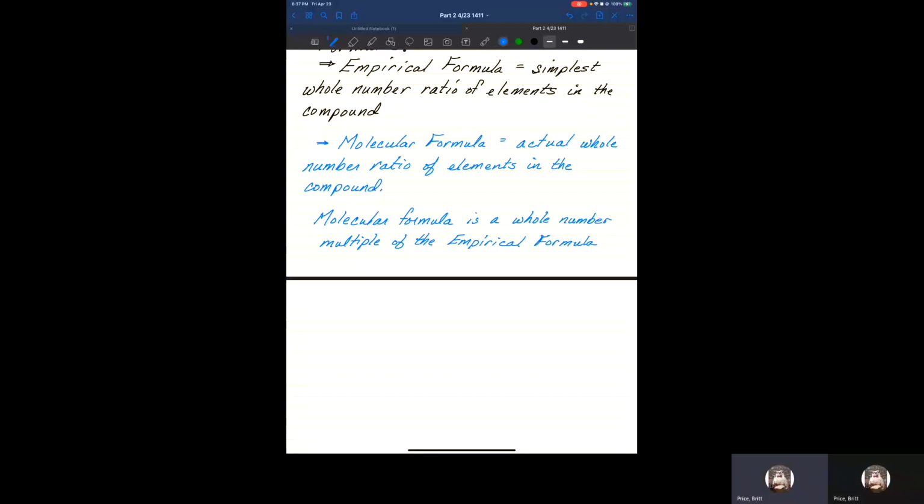So the empirical formula can be the same as the molecular formula. In that case, the whole number is 1.